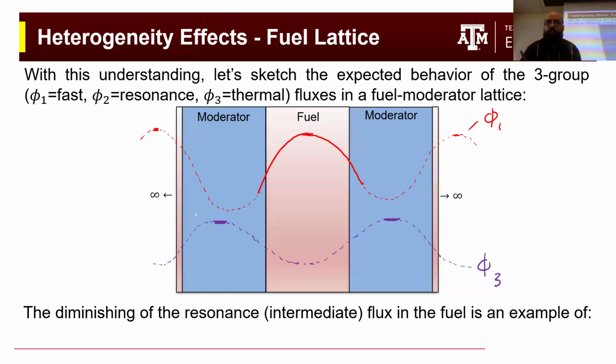So what the resonance flux looks like is that it's basically flat in the moderator, and then it quickly diminishes as I get into the fuel. So it basically drops off, and that's why I'm not continuing it anymore, because the intermediate flux will basically stop at a certain point in the fuel, resulting from the fuel preferentially absorbing or parasitically capturing the neutrons that are in the resonance region.